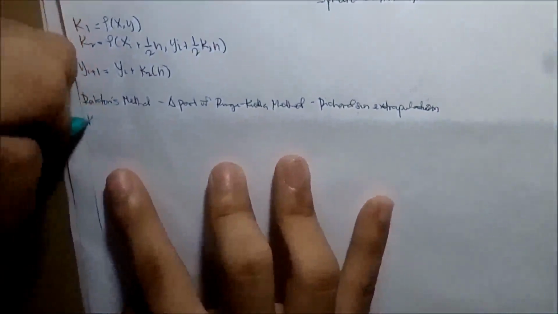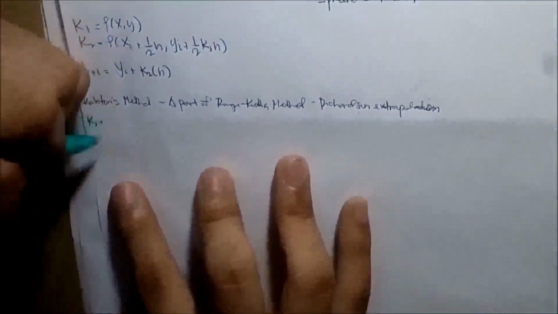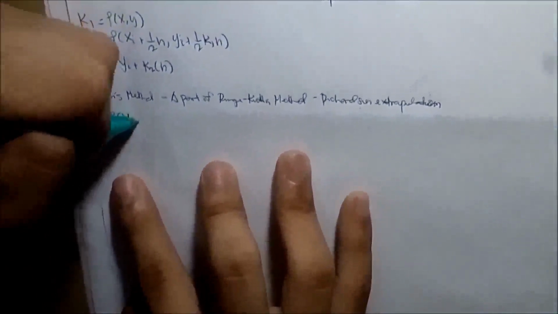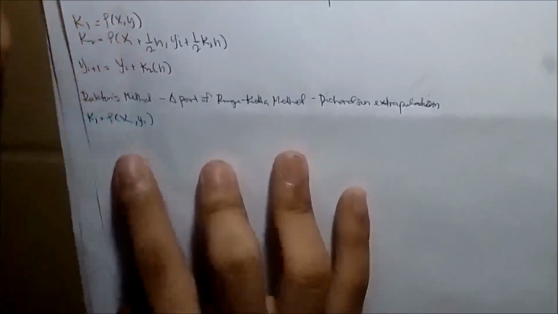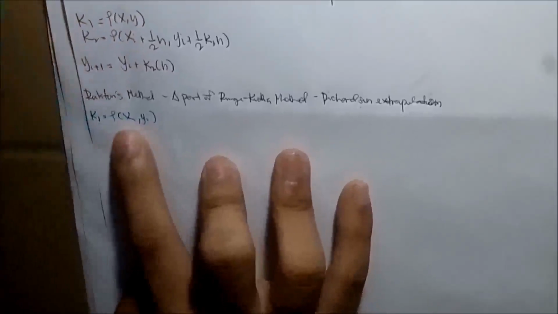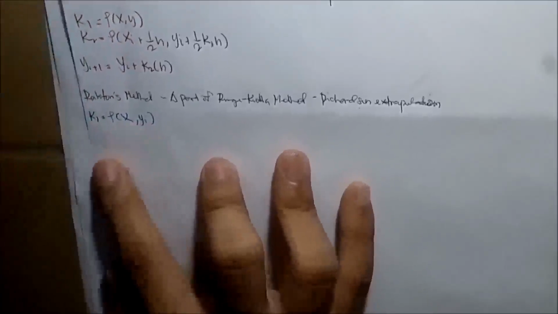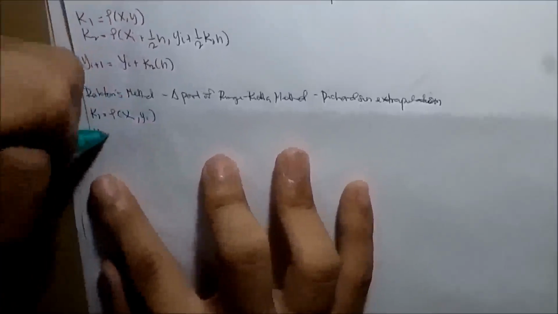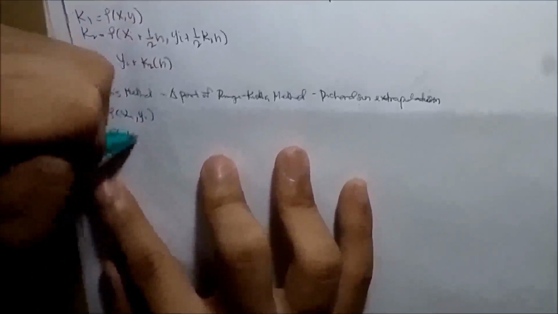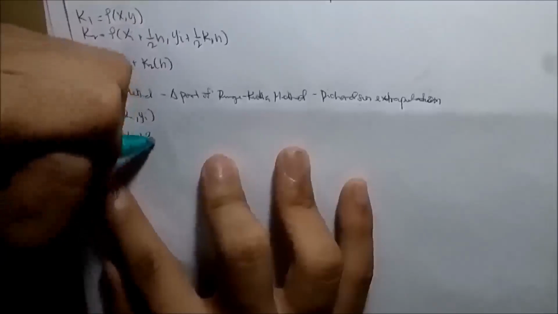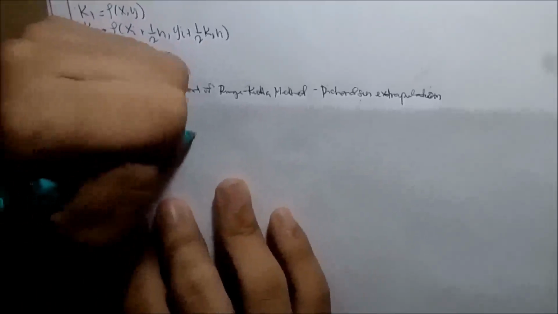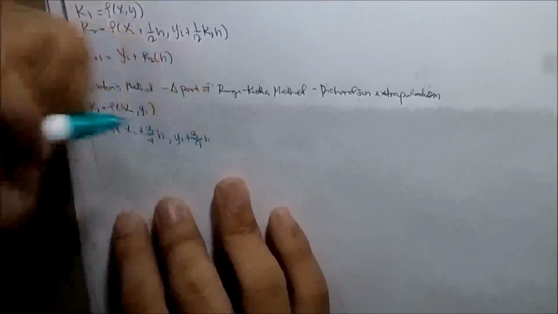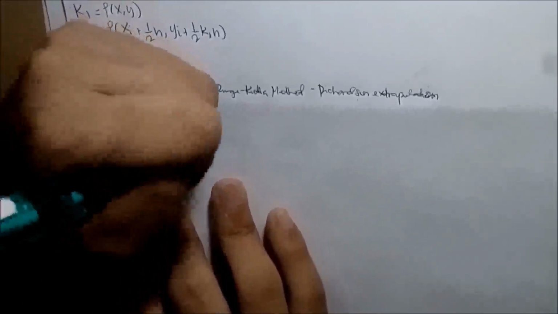The formula in Ralston method is K1 equals f of xi, yi, like in the midpoint method, and K2 equals f of xi plus 3/4 times the step size, yi plus 3/4 also times h.